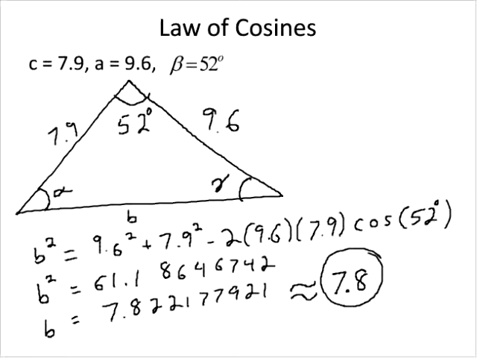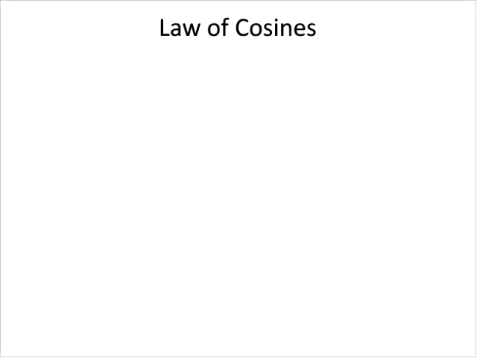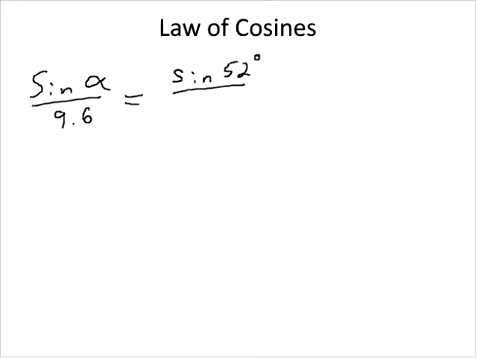Now, I can find the other two angles either with the law of cosines or, frankly, I could solve it with the law of sines now that I know one of these. So let's do this. I can take the sine of alpha over that side, 9.6, the side opposite alpha, is equal to the sine of angle beta, which is 52 degrees, divided by the length of the side B, which we just said was 7.8.